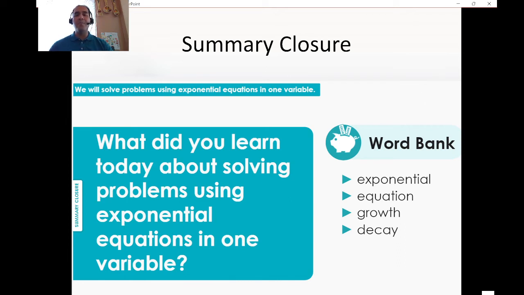A word bank is provided as a scaffold, so that students can use the word bank to create their own response to show you that they've understood the lesson for the day. So how can they summarize it and use the words available in the word bank to use academic vocabulary in their response?